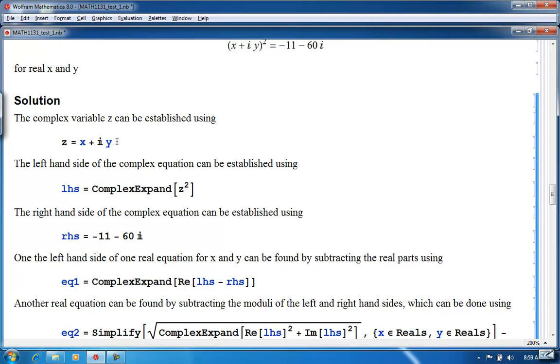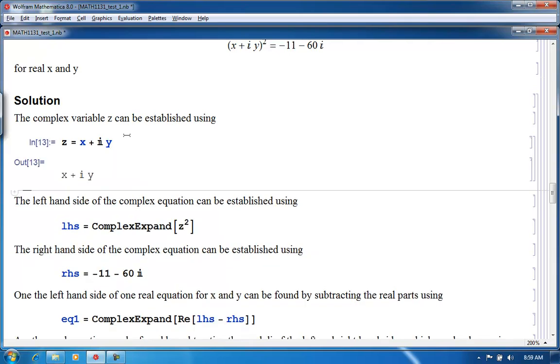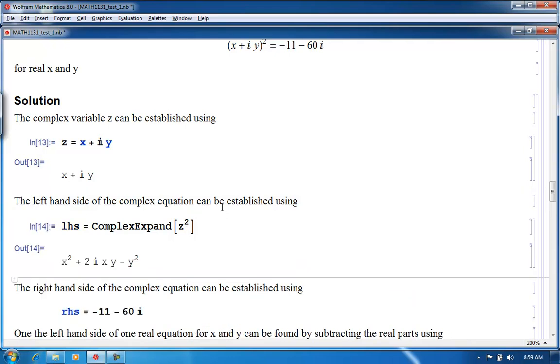So we establish x plus iy as the complex variable z, and the left-hand side of this equation, see it there, is z squared, and we want to assume that x and y are real, so we get this, and the right-hand side is just this complex number here, so we'll establish that.